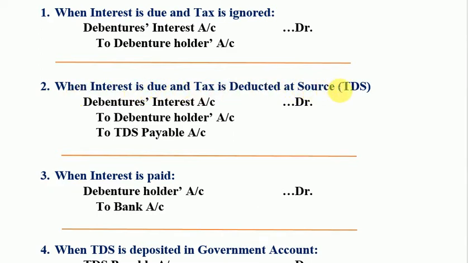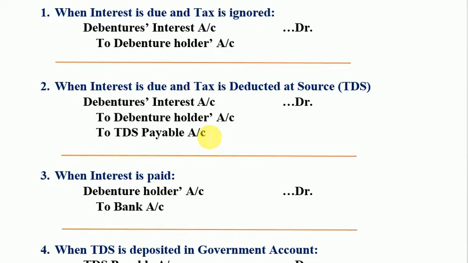Now proceed towards point number 2, when interest is due and tax is deducted at source. It means here the tax is not ignored and we will take the tax from the amount of interest. So the journal entry is debentures interest account debit to debenture holder and to TDS payable account.